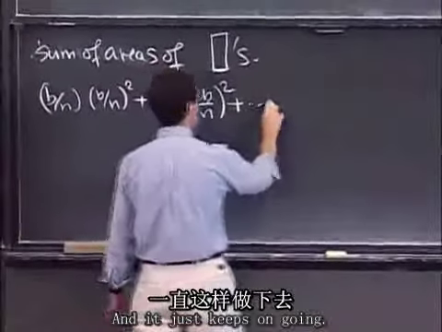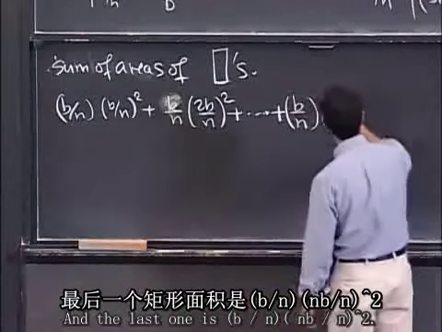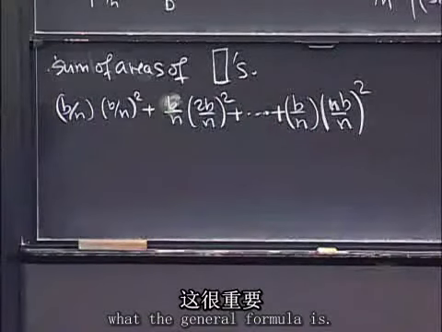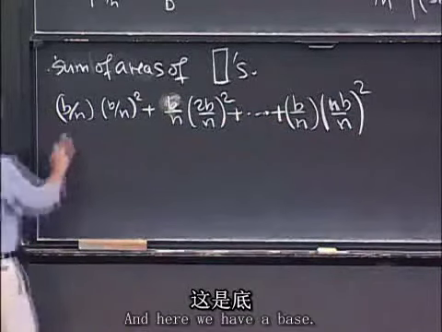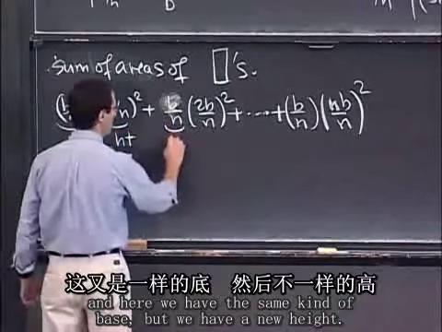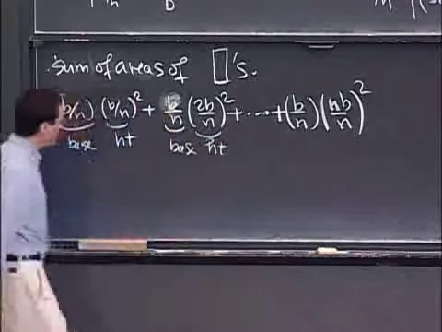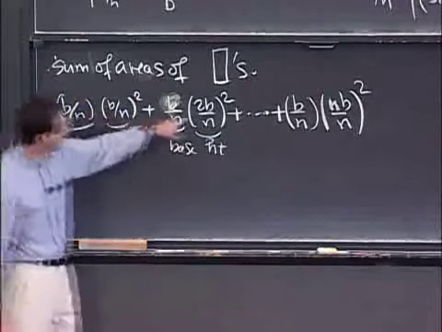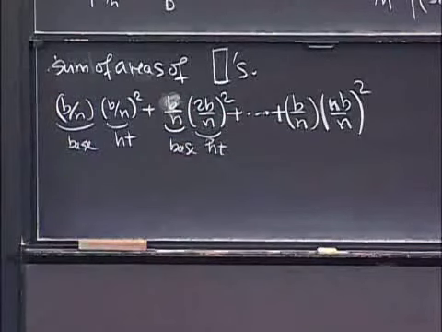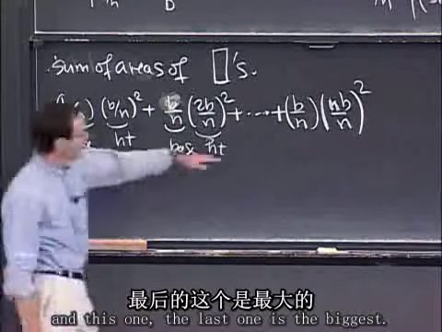And it just keeps on going. And the last one is b over n times nb over n squared. So it's very important to figure out what the general formula is. And here we have a base, and here we have a height, and here we have the same kind of base, but we have a new height, and so forth. And the pattern is that the coefficient here is 1, then 2, then 3, all the way up to n. The rectangles are getting taller and taller, and this one, the last one, is the biggest.